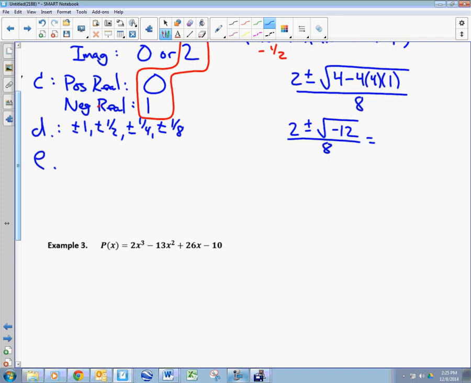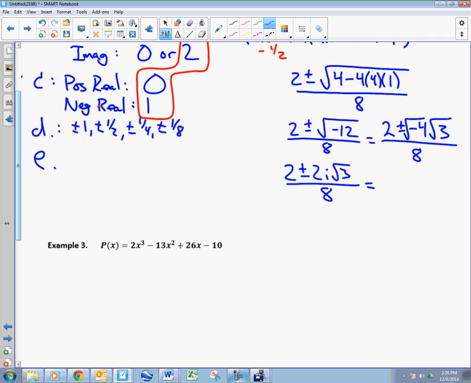Instead of taking out 4, take out negative 4. So 2 plus or minus negative 4 times 3. What is the square root of negative 4? 2i. So you have 2 plus or minus 2i roots of 3 all over 8.